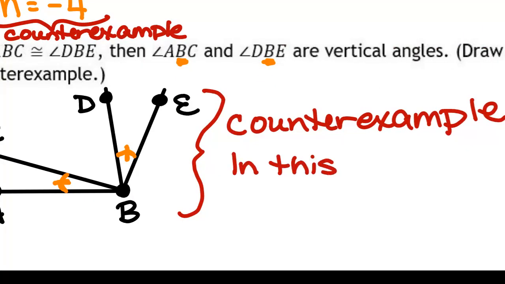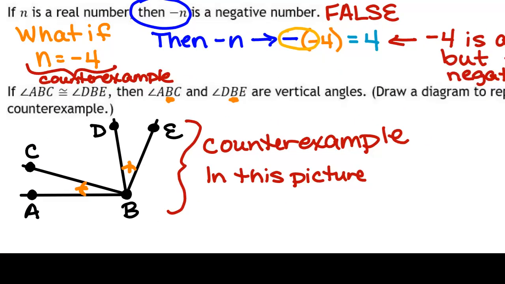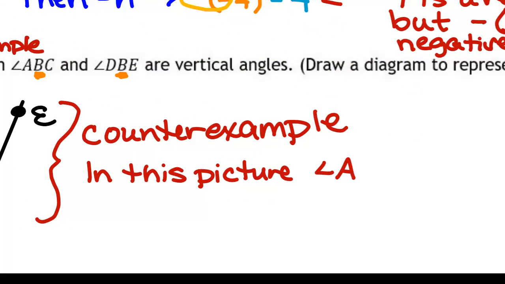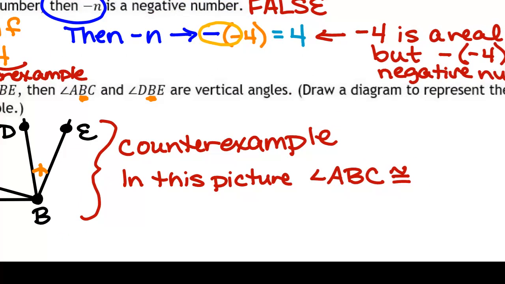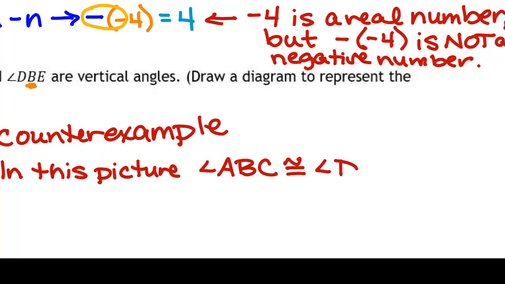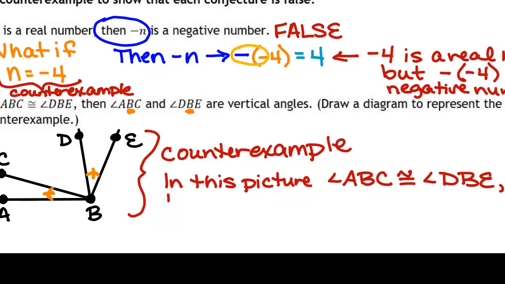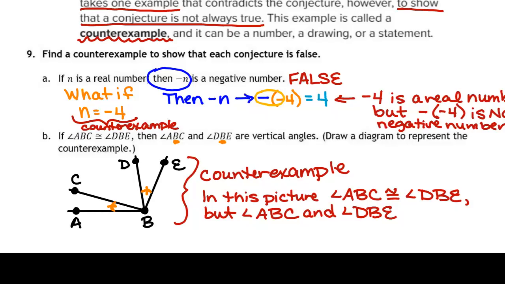Because in this picture, angle ABC is congruent to angle DBE, but angle ABC and angle DBE are not vertical angles.